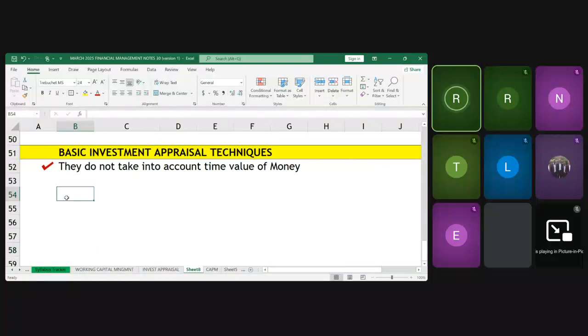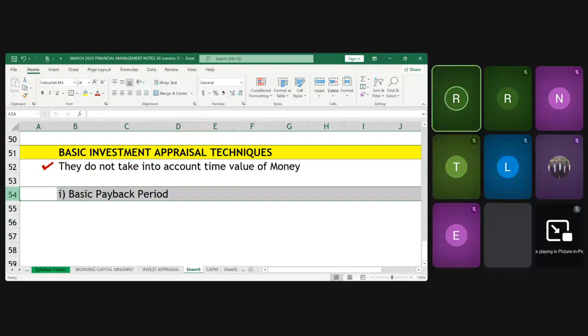So from the basic methods, let us quickly look at the basic payback period. What is a basic payback period?